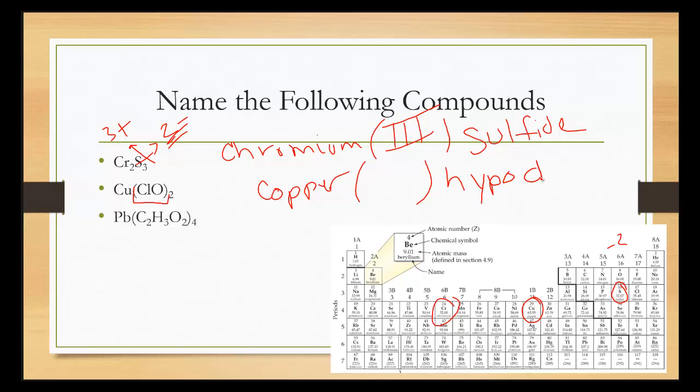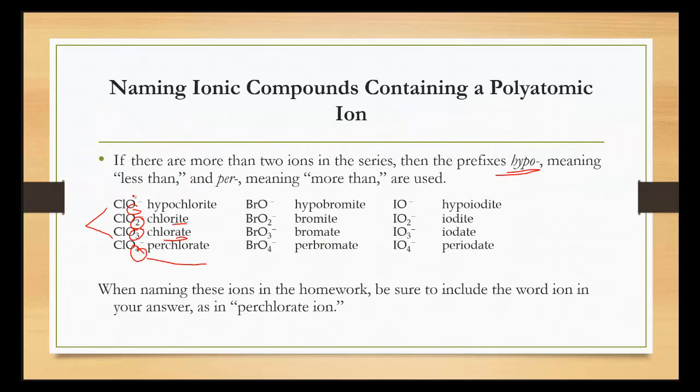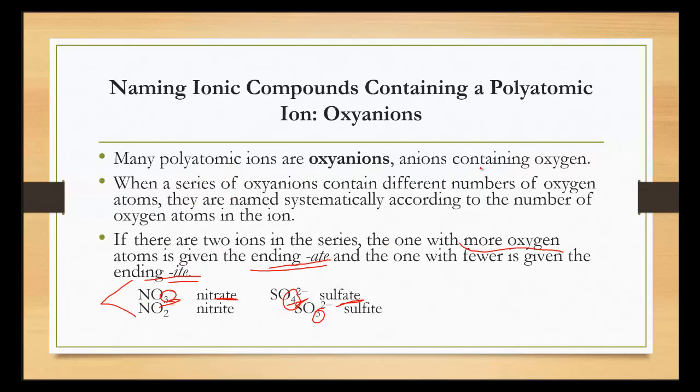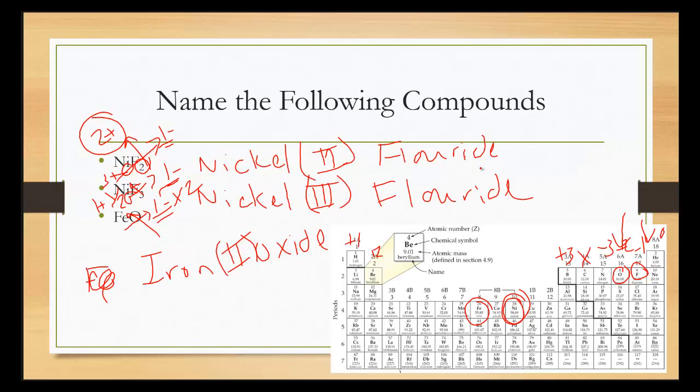Now we have to figure out what that means, what the parentheses are. Copper is a +2 here. According to this, hypochlorite should be a -1. If we go back to our polyatomic ion chart, it's supposed to be a -1. So we don't have to unreduce it, which means it's going to be copper 2 hypochlorite.